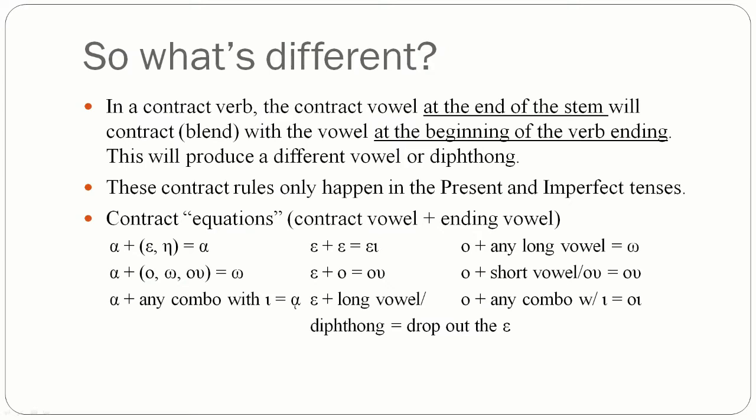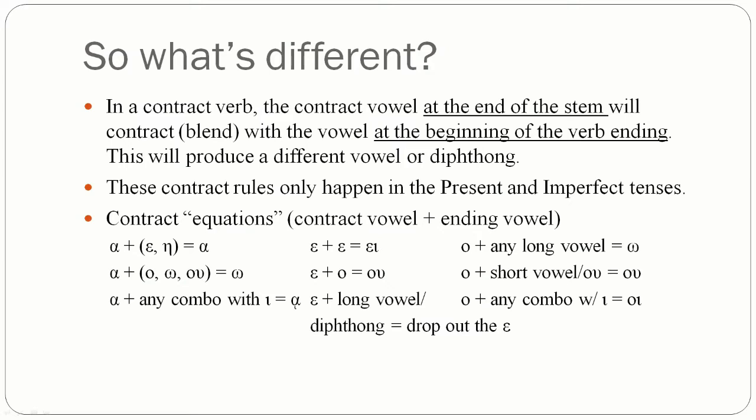So let's look at these contract equations. What happens when you have a contract vowel which encounters the vowel of the ending? Okay. I'll just go over that first column. You can look at those other ones, but the alpha contracts, for example, if you have a verb that ends in the alpha stem, it will then blend with the ending vowel to produce a new vowel or vowel combination.